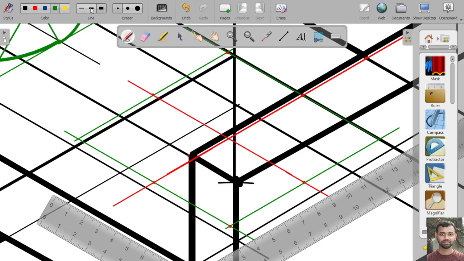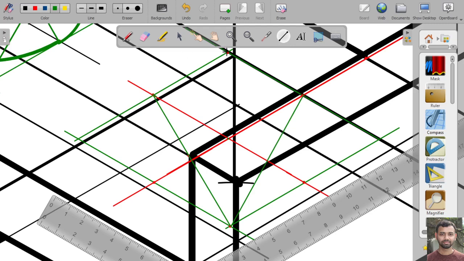Now we will connect all these center points.